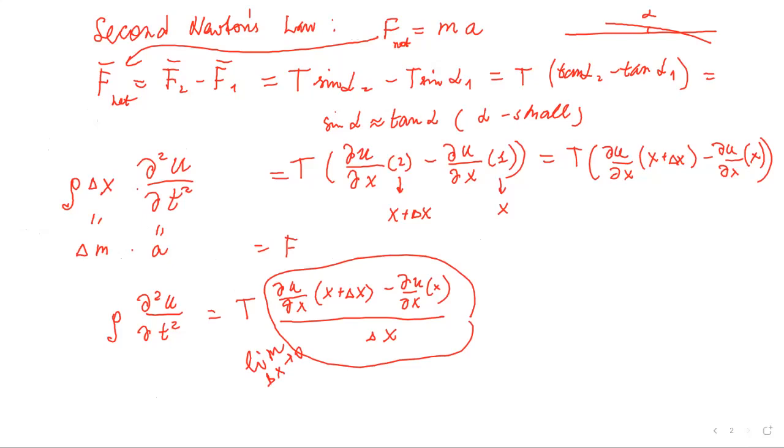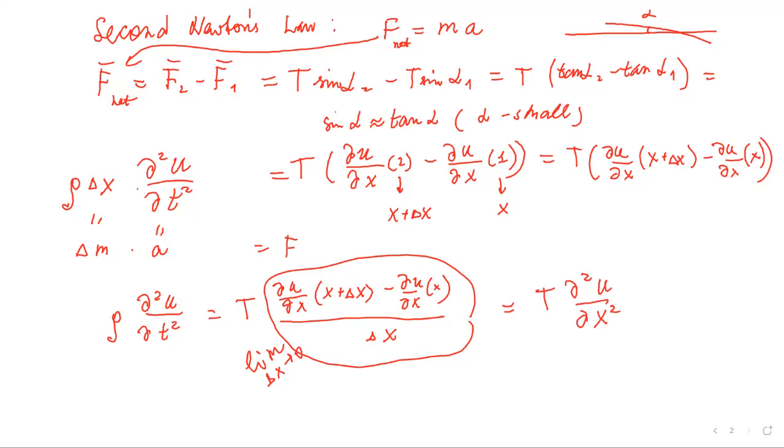Because my function is already a derivative, it's going to be a second derivative. So I'm going to write it down as T times the second derivative of u by dx squared. And we are almost done. I'm just going to move now my density to the right side, and we got our equation of a string.